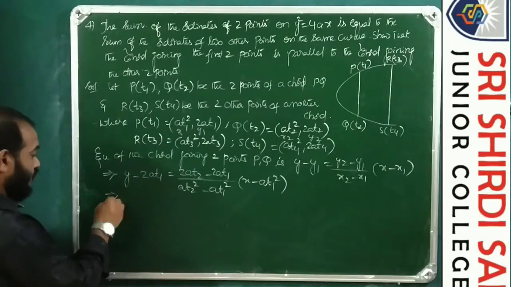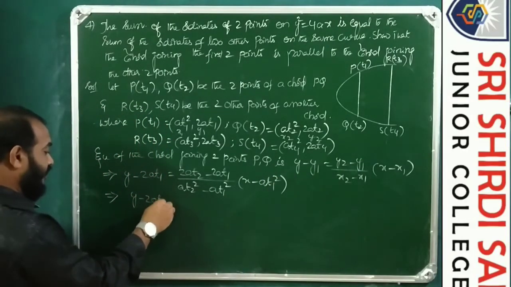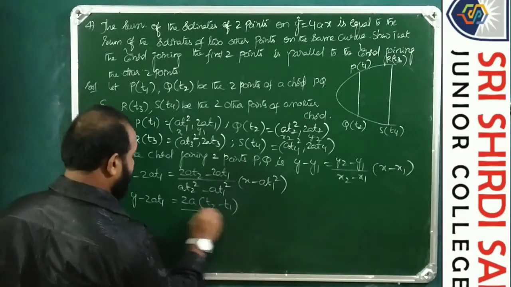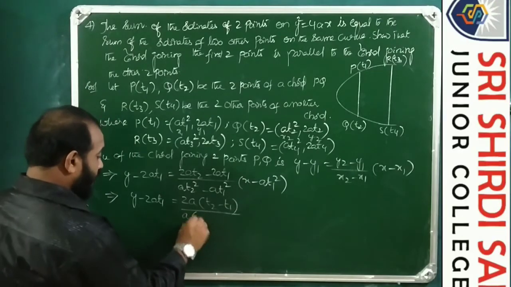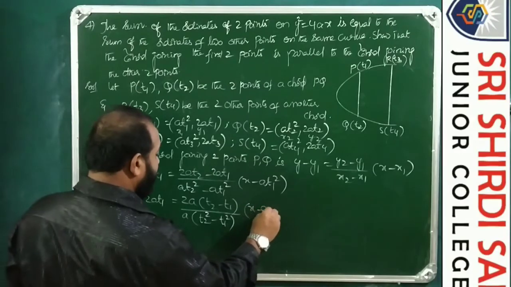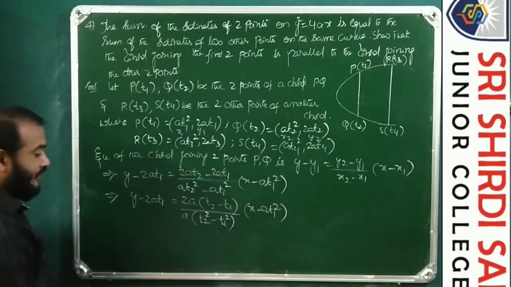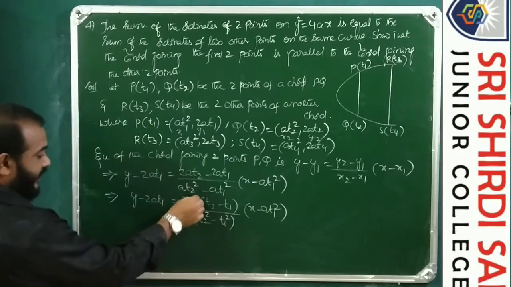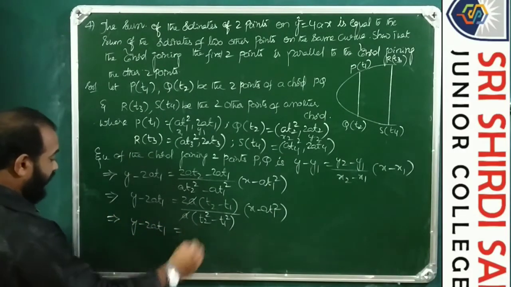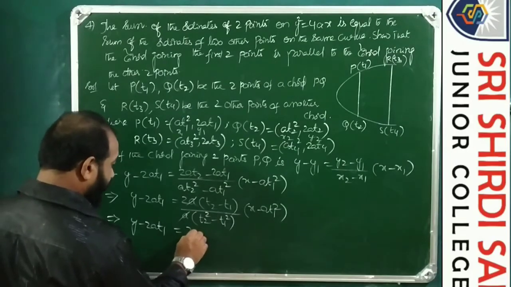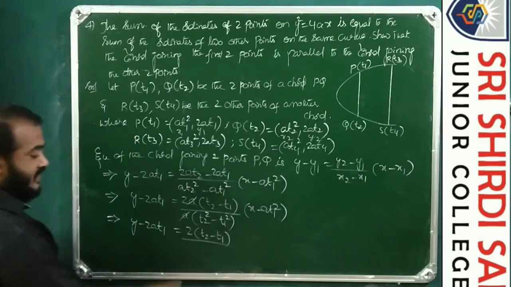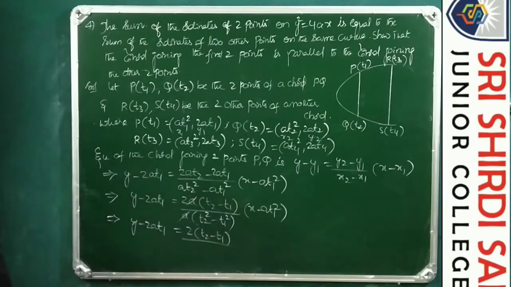This is equal to y minus 2at1 is equal to 2a into t2 minus t1 by a into t2 square minus t1 square into x minus at1 square. So a gets cancelled. So y minus 2at1 is equal to 2 into t2 minus t1 by, this is a square minus b square, a plus b into a minus b.